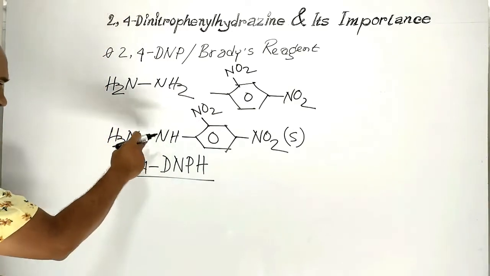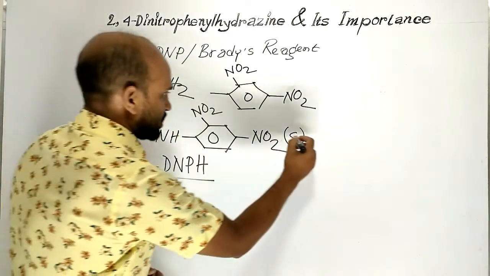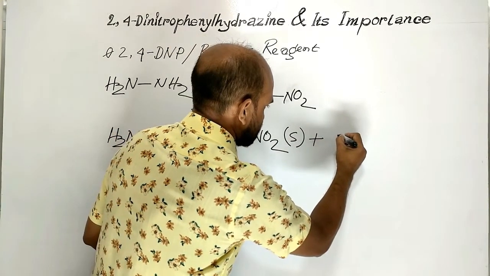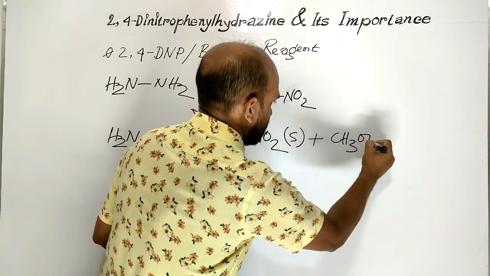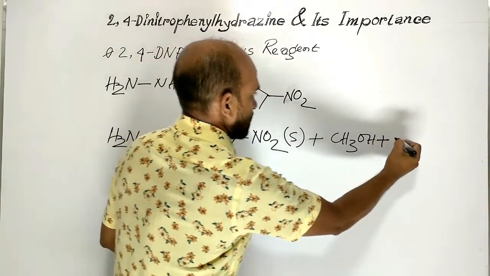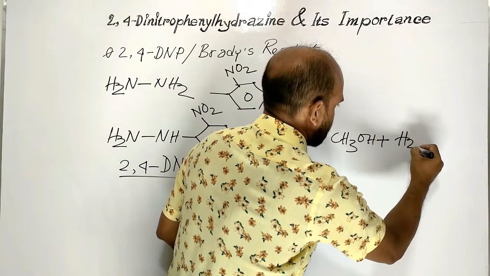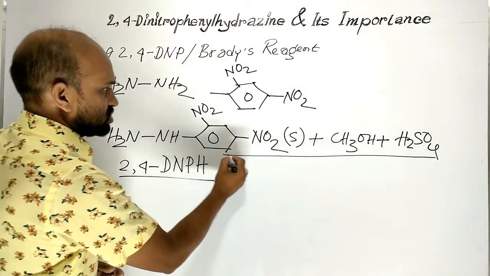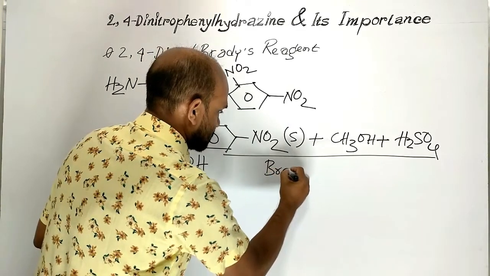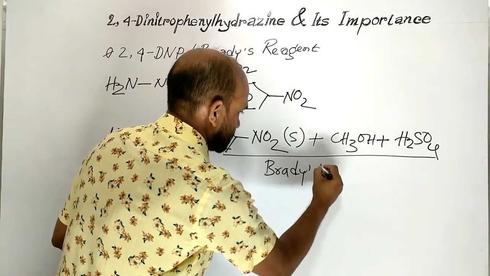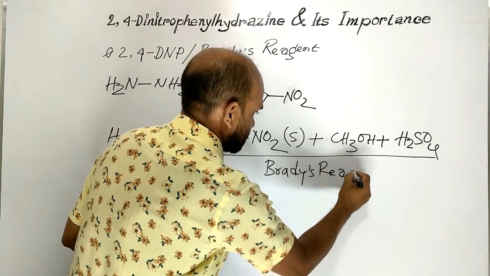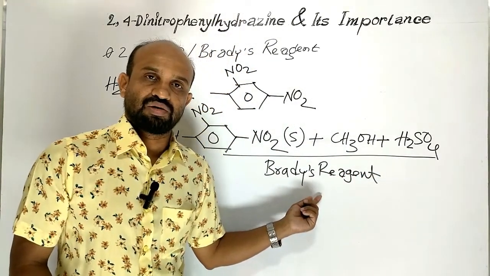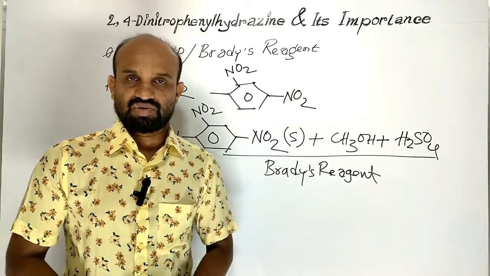When this compound is dissolved in a solution that contains methanol and some concentrated sulfuric acid, then this solution is known as Brady's reagent. Which is sometimes called Borche's reagent as well.